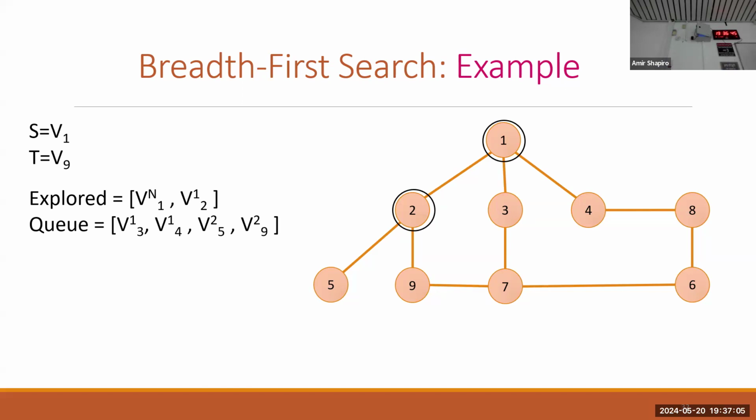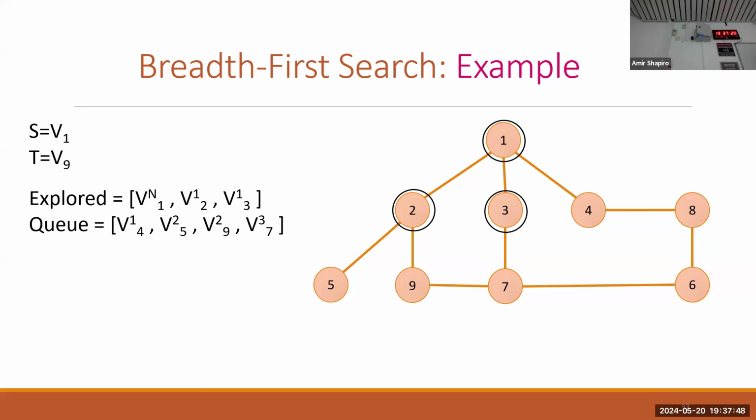This is a queue. So we add 5 and 9, and the next one will be 3. And you see that we explore first the ones which are closer to 1. This is the first level, and then we will have the second level. So we add 3 and its neighbor 7 here with back pointer to 3.